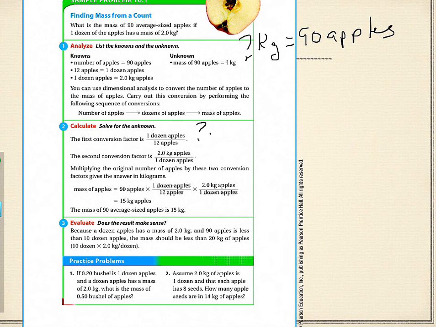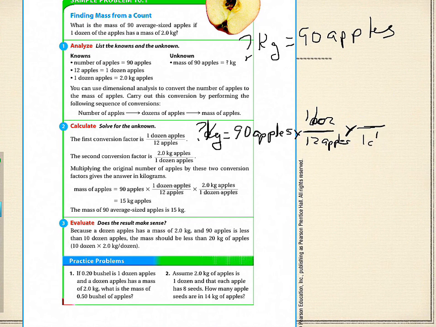So, how many kilograms equals 90 apples? The first thing I'm going to do is convert from apples, and I know that 12 apples is 1 dozen. And I know that 1 dozen is 2 kilograms.